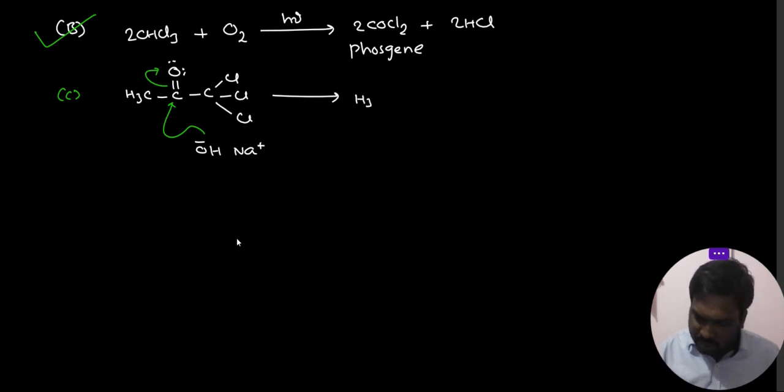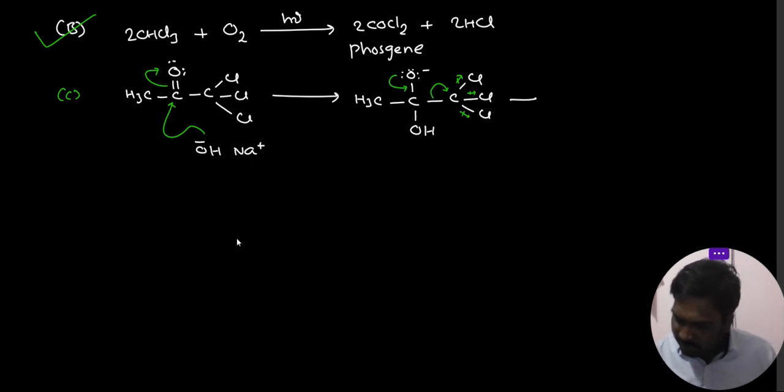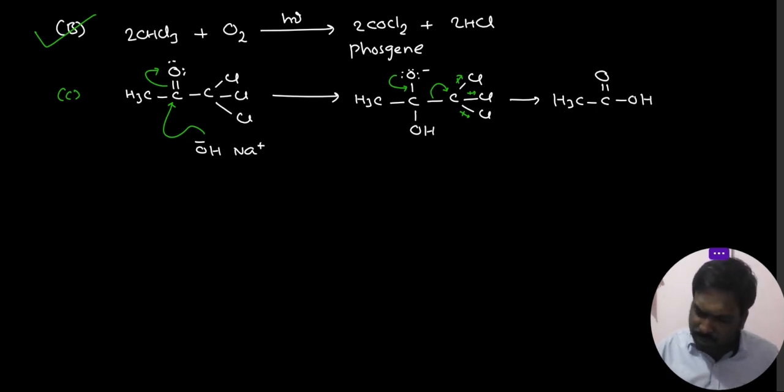Now the nucleophilic addition reaction takes place. O minus, this is CCl3, and OH is added. Then the bonded electrons are involved in pi bond formation, and this bond breaks due to the polarity of the three C-Cl bonds. Then we get CH3 C double bond O OH plus CCl3 minus.